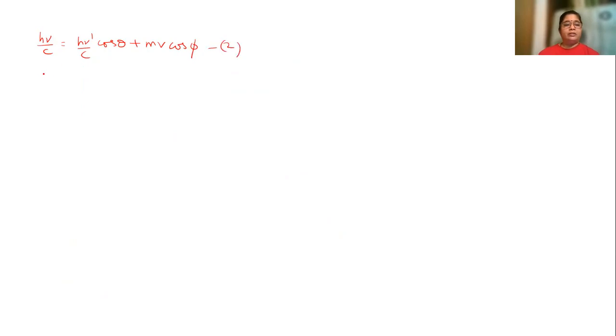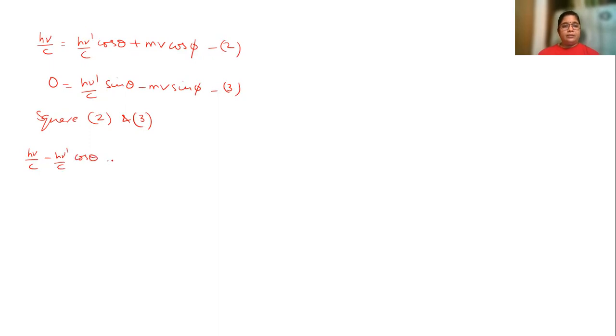And what was my equation 3? 0 is equal to h nu dash by c sin theta minus mv sin phi. First, let us square equation 2 and equation 3. For that, I need to do some rearrangement. So what will I do for equation 2? h nu by c minus h nu dash by c cos theta is equal to mv cos phi.